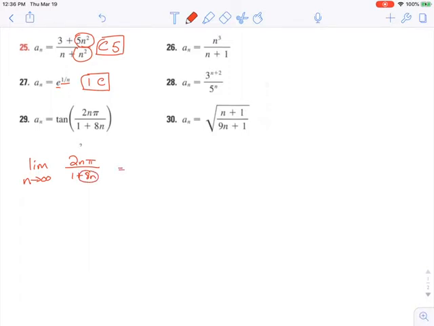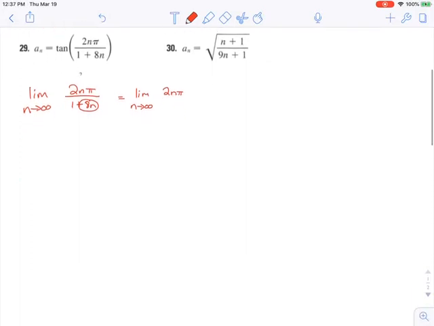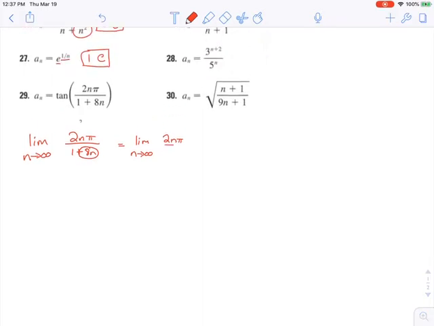So if we just look at the limit as n goes to infinity of 2n pi over, no, I'm sorry, not 1, over 8n. Actually, now we can cancel the n's, and we're really just left with pi over 4. That's our answer. So it converges.